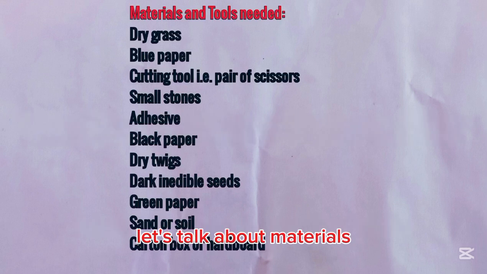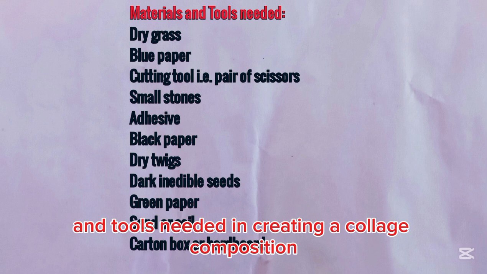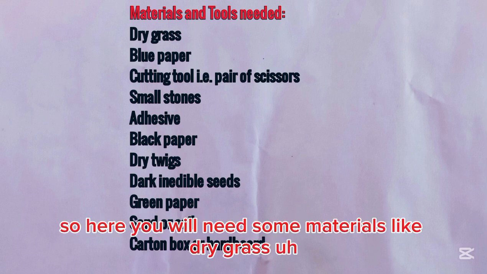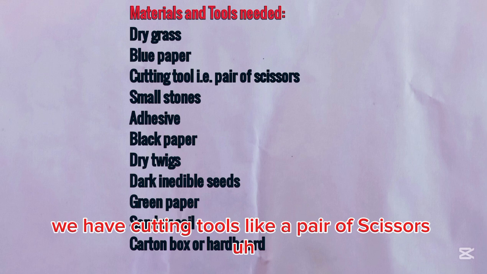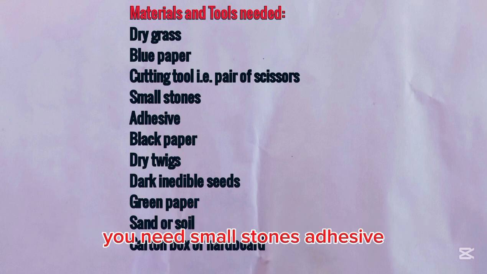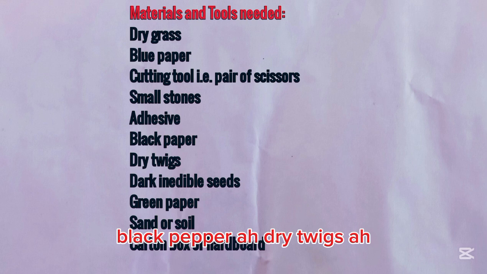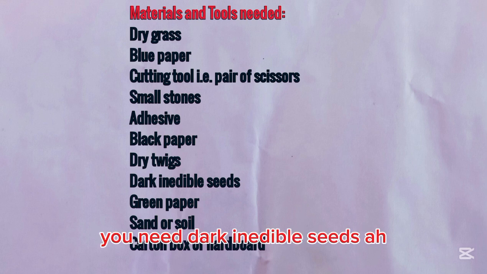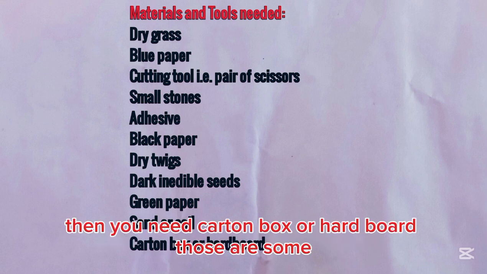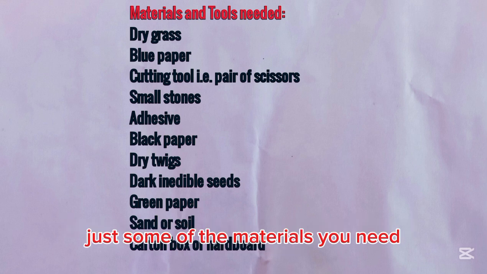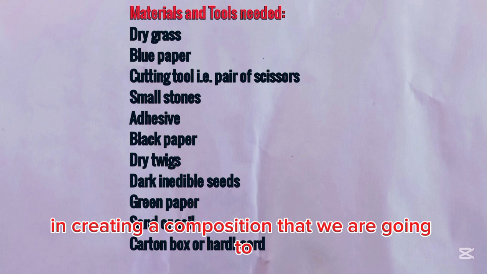You will need materials like dry grass, blue paper, cutting tools like a pair of scissors, small stones, adhesive, black paper, dry twigs, dark inedible seeds, green paper, sand or soil, then a carton box or hardboard. Those are just some of the materials you need in creating the composition we are going to touch on here.